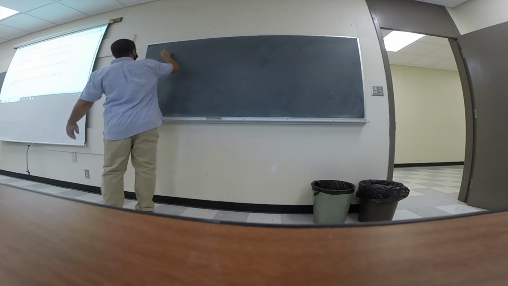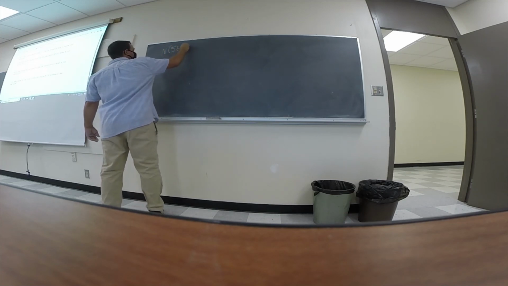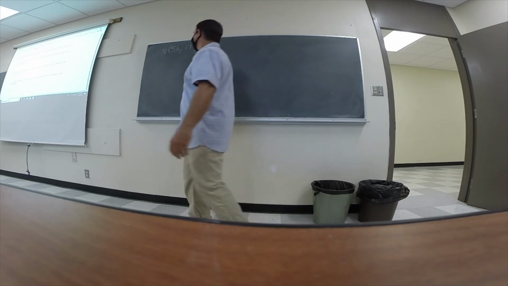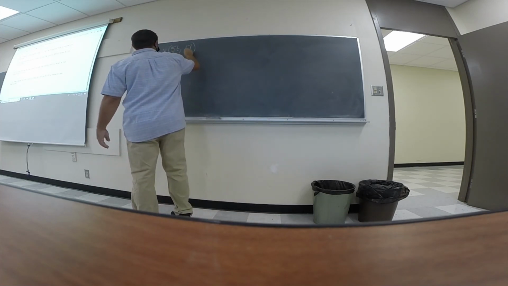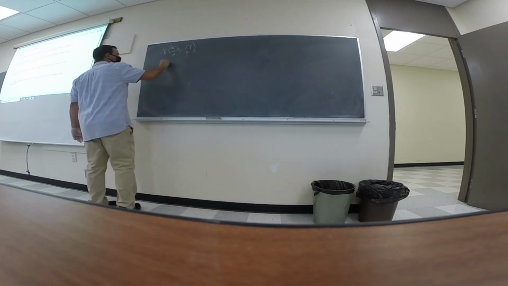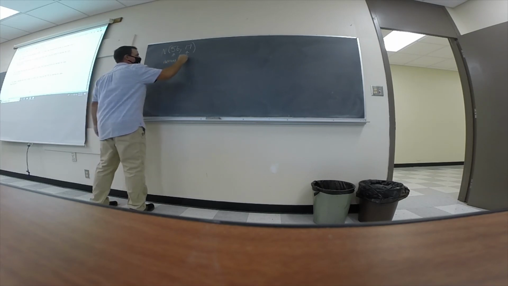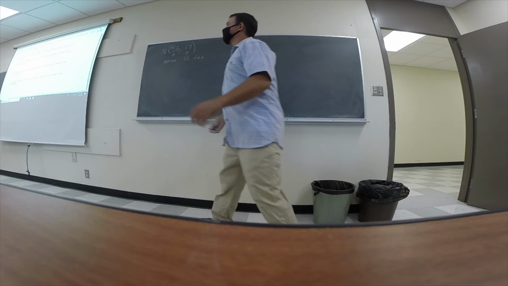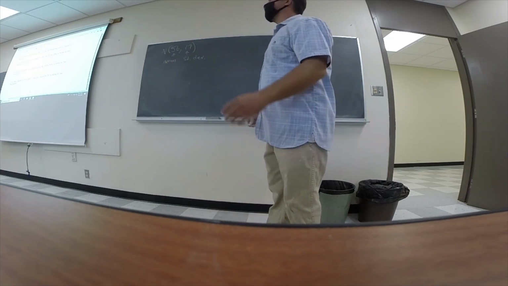So, which one's my mean, which one's my standard deviation? 56 is my mean, my standard deviation is 17. Okay? If you know that, these questions become really, really easy.